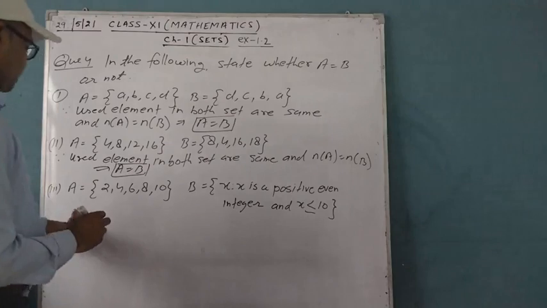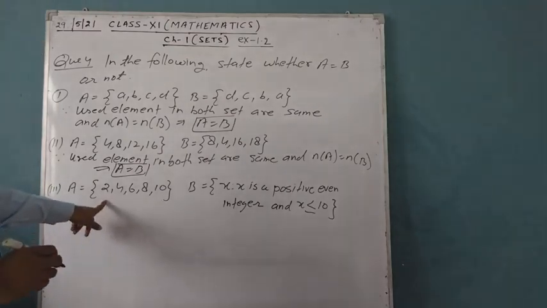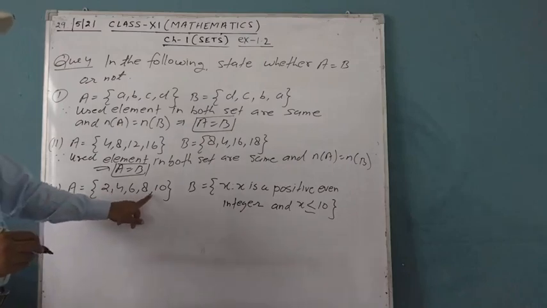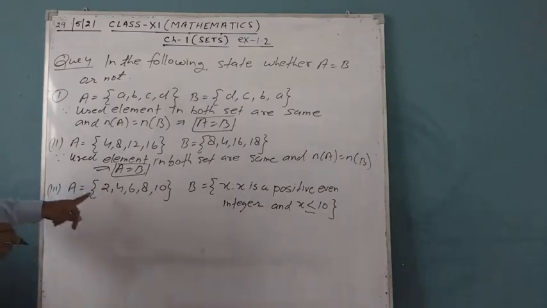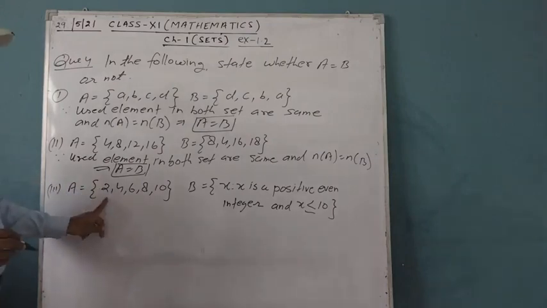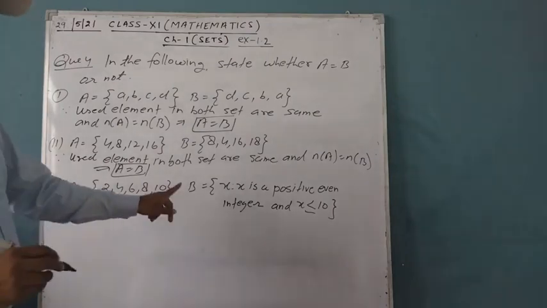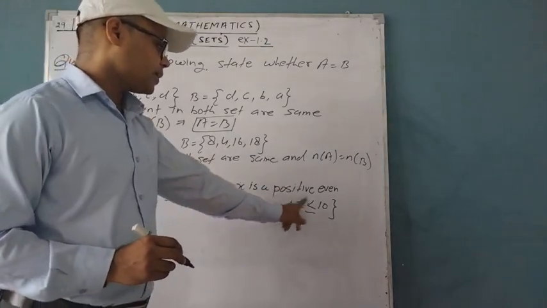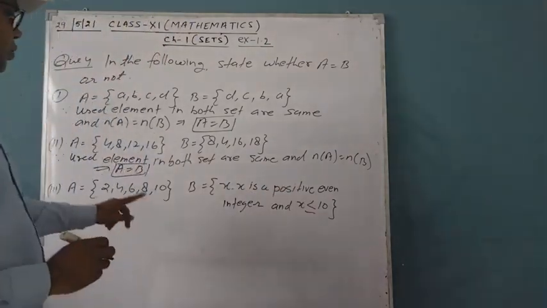Now, third part, here set A is 2, 4, 6, 8, 10. This is the first 5 multiples of 2, and set B is x such that x is a positive even integer and x is less than or equal to 10.